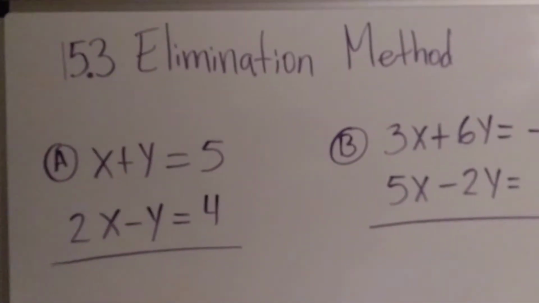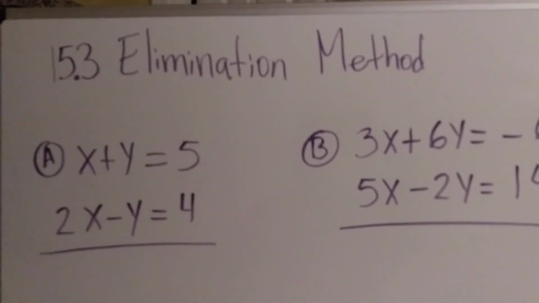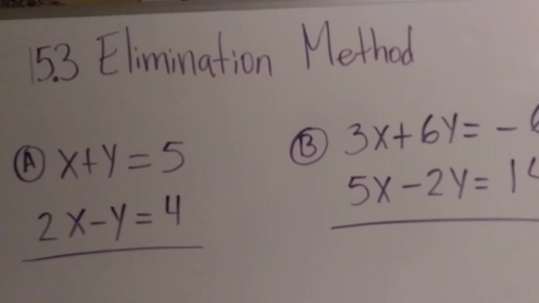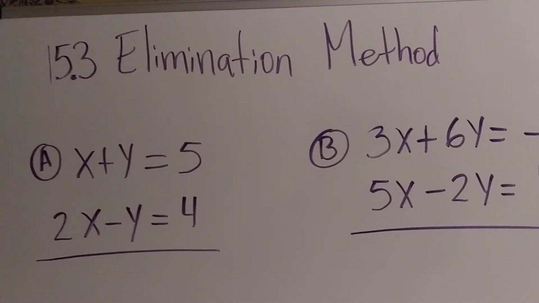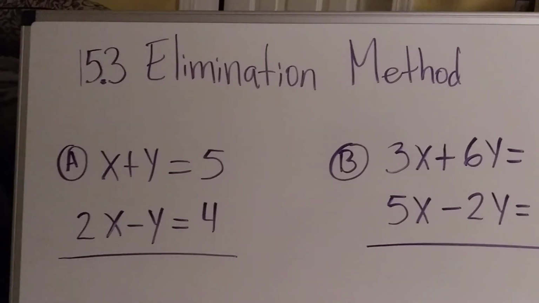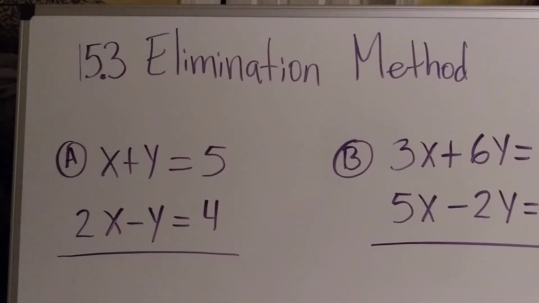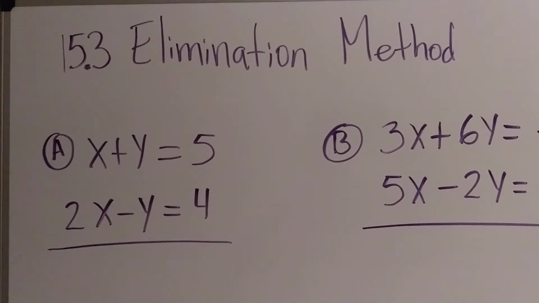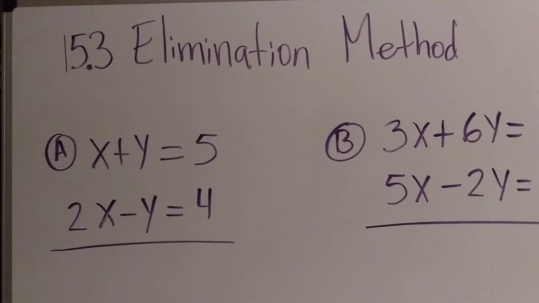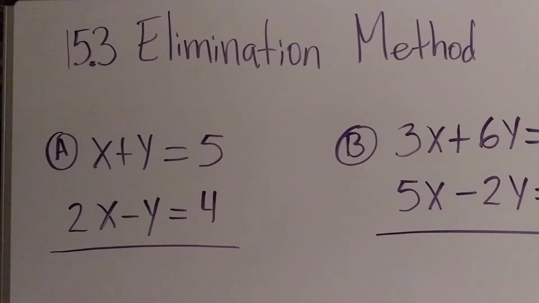Okay, the next method of solving a system of equations that we'll be looking at is called the elimination method. I also like this one because it gives you a little bit of a challenge, I guess you could say, of temporarily canceling out one of the variables.